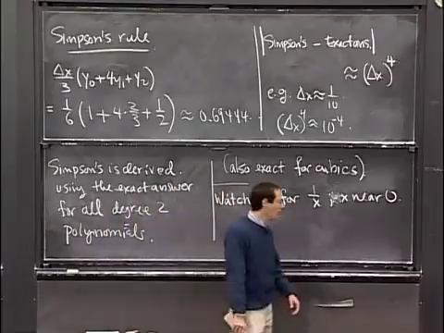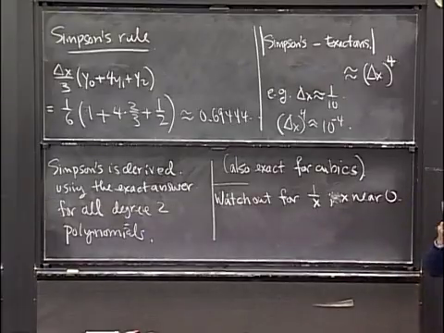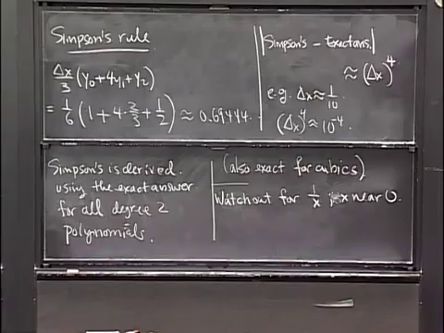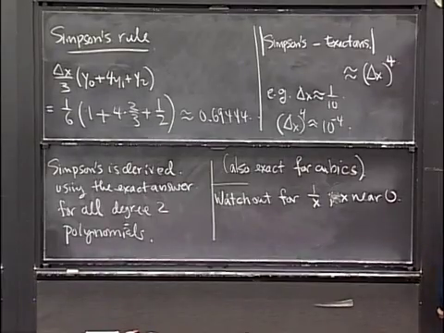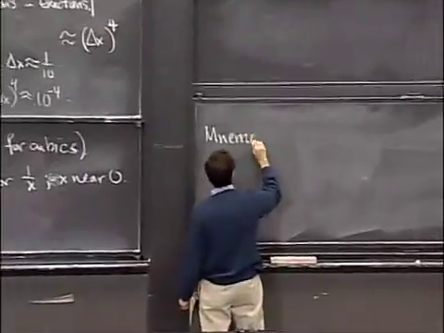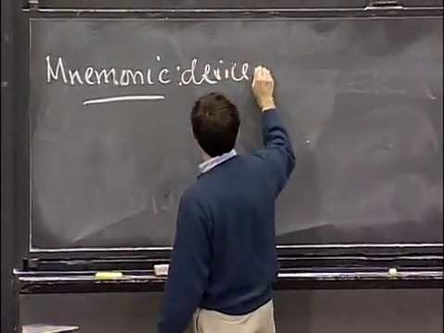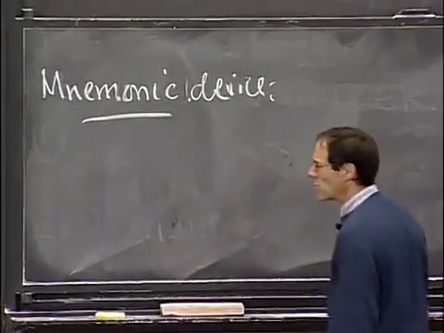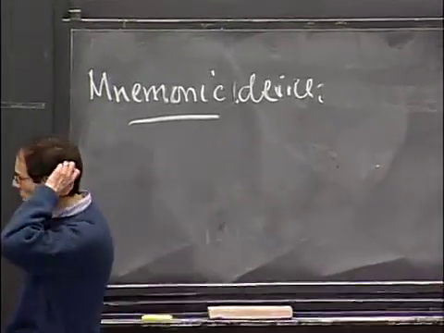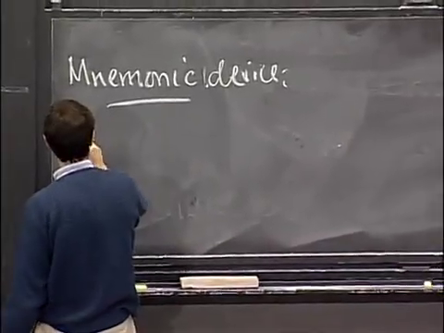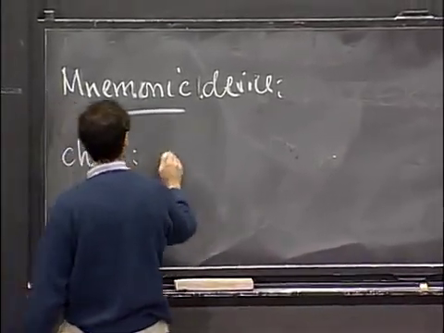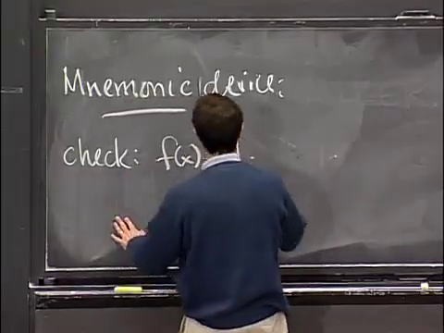OK, so if you were doing this on an exam, how do you remember this strange pattern of numbers? Well, the one thing that I want to recommend to you is one mnemonic device, as a way of remembering what it is that you're doing, which is to remind yourself of what happens for the simplest possible case, which is f of x is equal to 1.